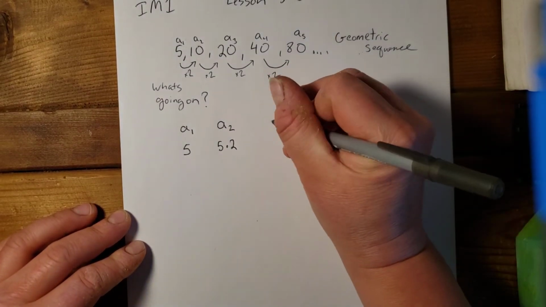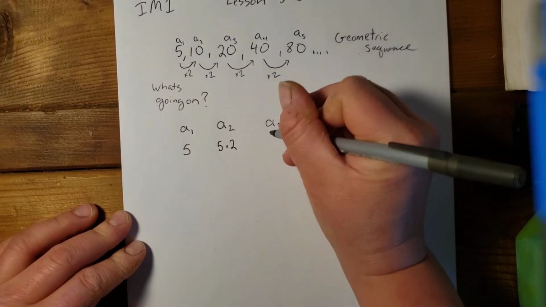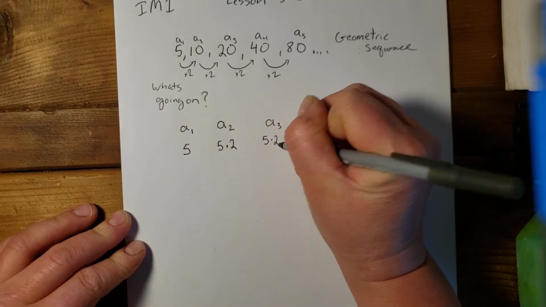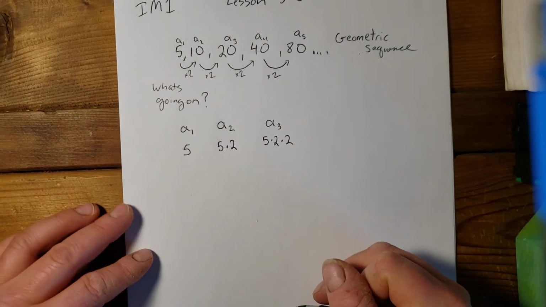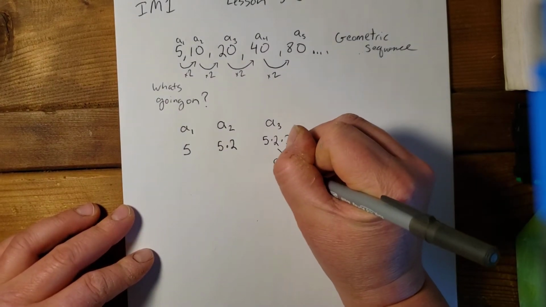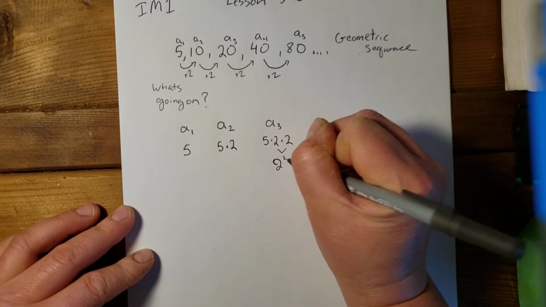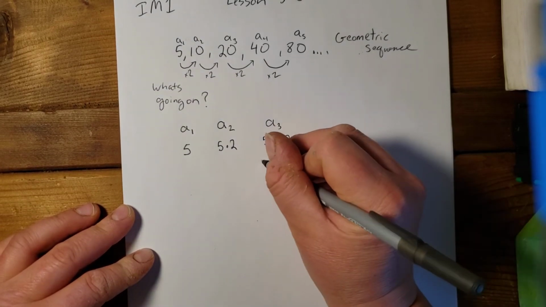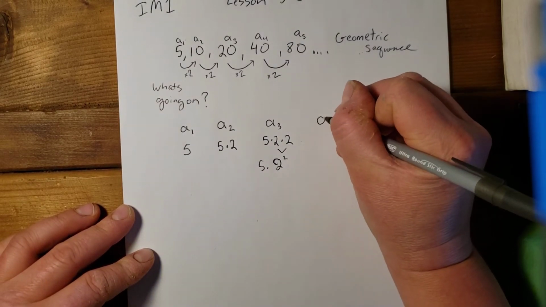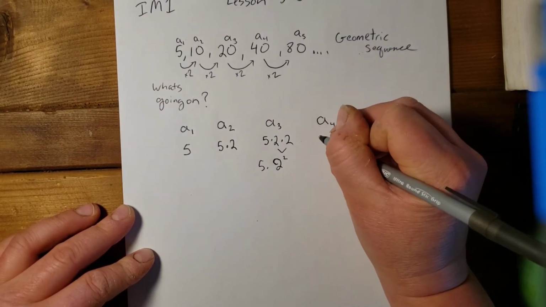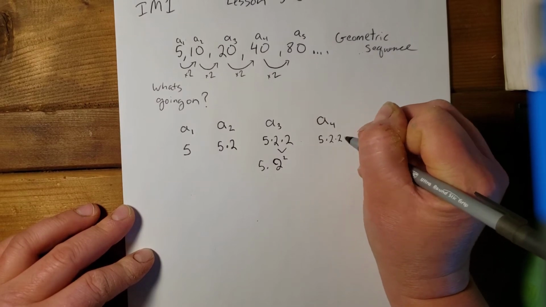All right, let's do A3. A3 is 5 times 2 times 2. Okay, we could also say that that's 2 squared. So 5 times 2 squared. All right, well, this one is A4, which was 5 times 2 times 2 times 2.